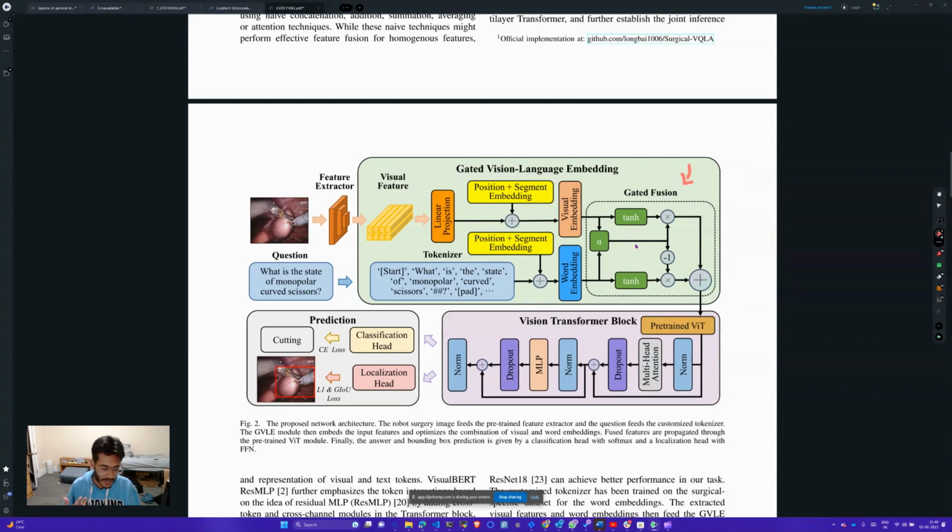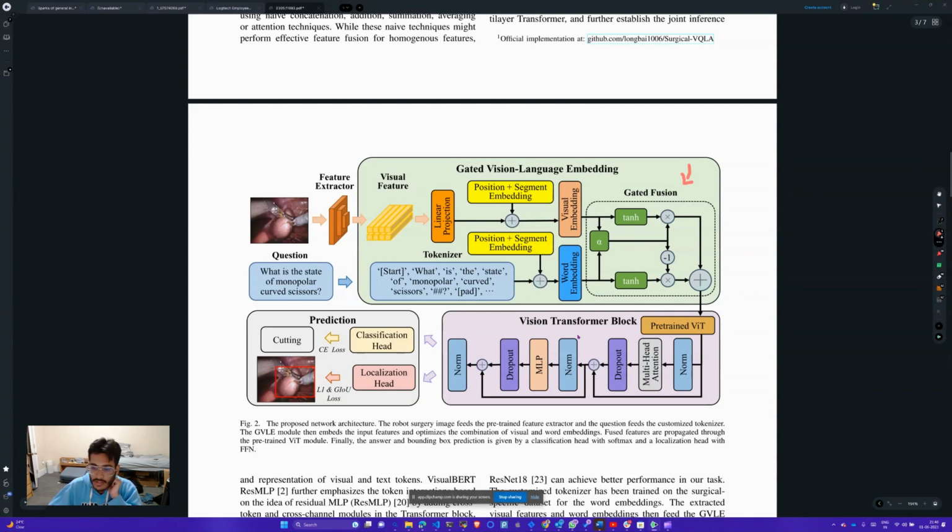It's a very naive way of thinking, right? So usually what happens is, you take the visual embeddings, you have the word embeddings, you concatenate them. Here they have a gated fusion, which should ideally be more effective in getting an ensemble of these word and visual embeddings. And then they pass it through a pre-trained ViT.